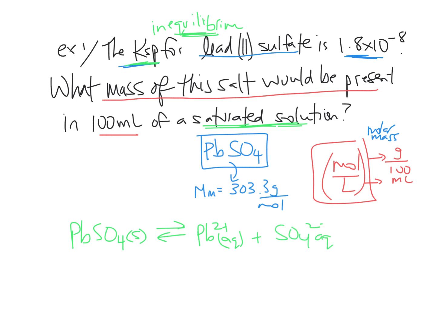Whatever amount of this we've dissolved is going to produce Pb2+ and sulfate ion in a 1-to-1 ratio. So we're going to dissolve x amount of this, and we're going to gain x moles of each of those respectively. Hopefully that's a concept you understand.